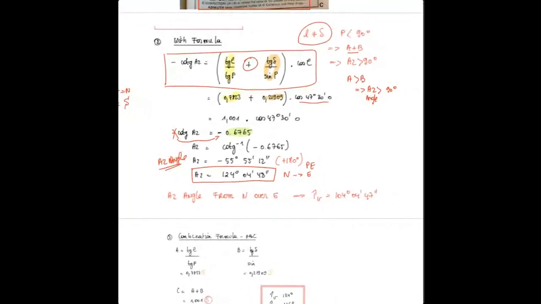Okay, so this is my azimuth angle, and it equals my true bearing of 124 degrees 04.47.